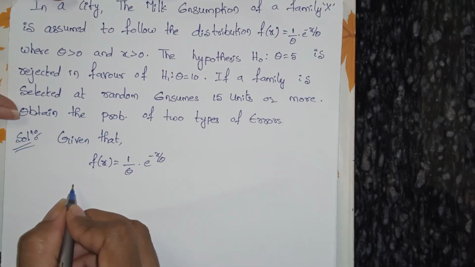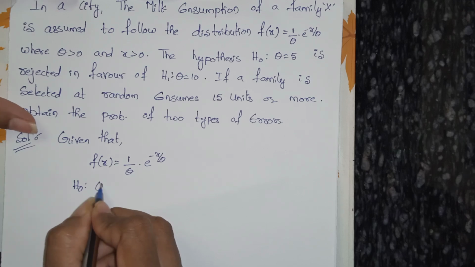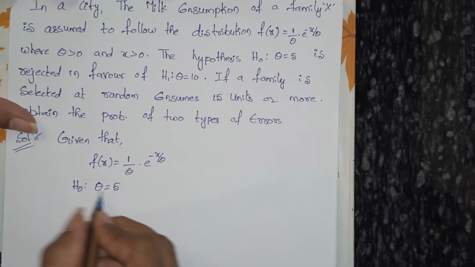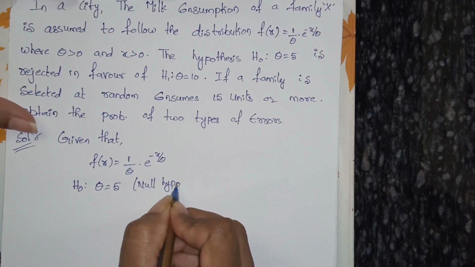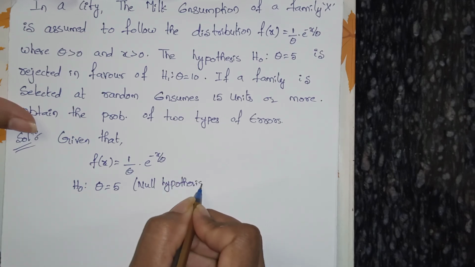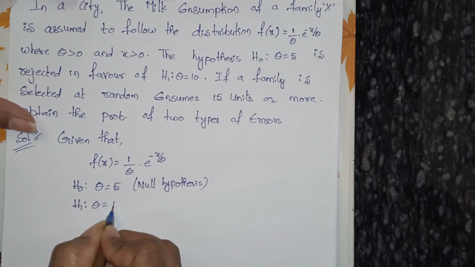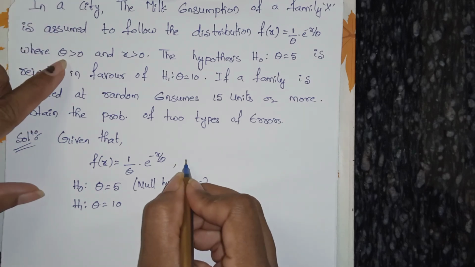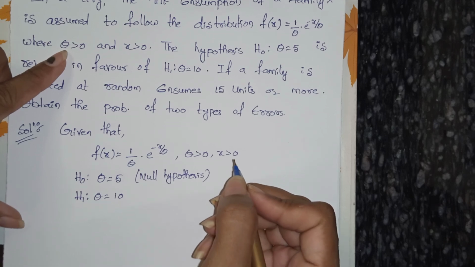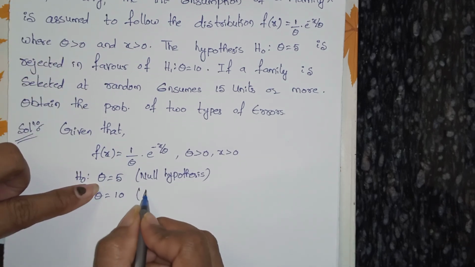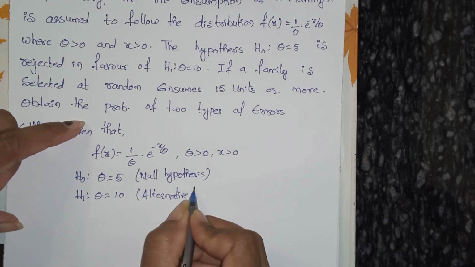Next, H naught is the null hypothesis: theta equals 5. Next, the alternative hypothesis H1: theta equals 10. Also, they gave theta greater than 0 and x greater than 0, that means positive values. So this is the alternative hypothesis.